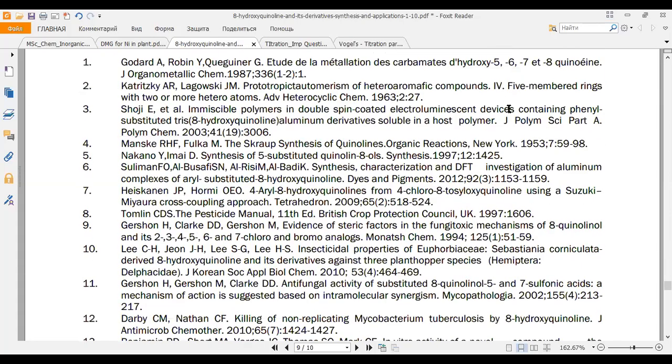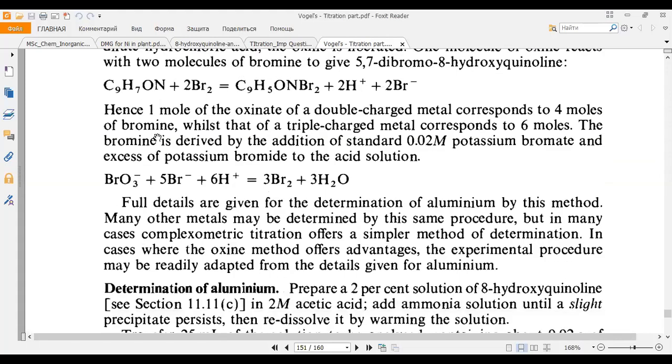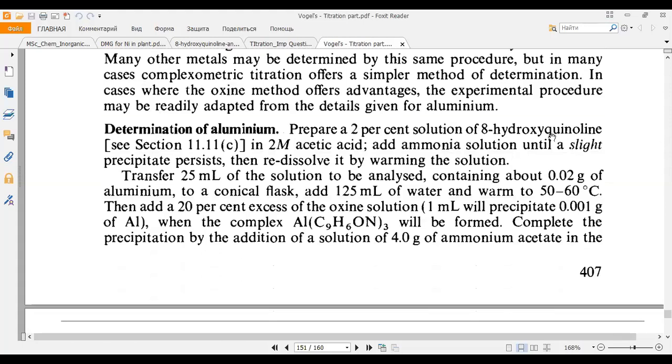Okay, that's good. Now let's go into the book. This is part of the book, Vogel's Quantitative Analysis, and this is page number 407 of that book.